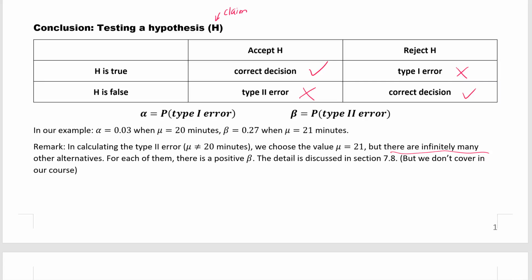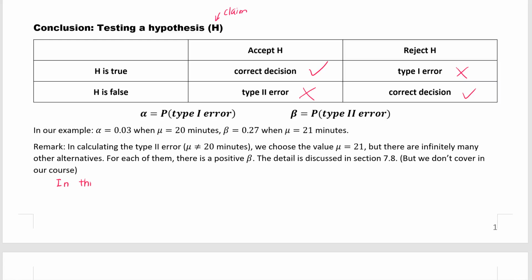There are infinitely many other alternatives, and for each of them there is a positive beta. The detail is discussed in 7.8, which we're not going to cover in our course. We will just cover up to 7.7, and then we will go to 11.1, and that's it for our course.